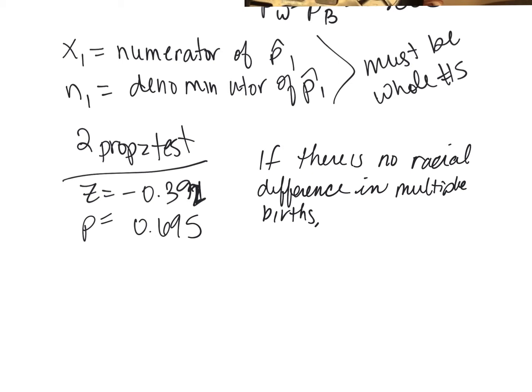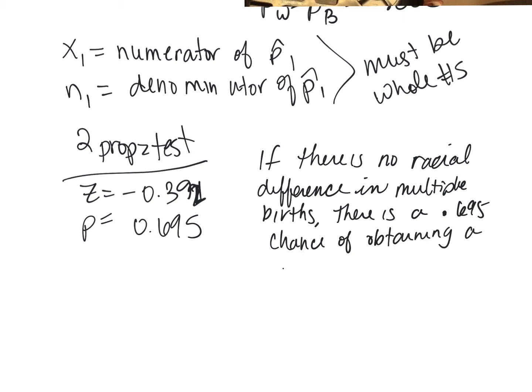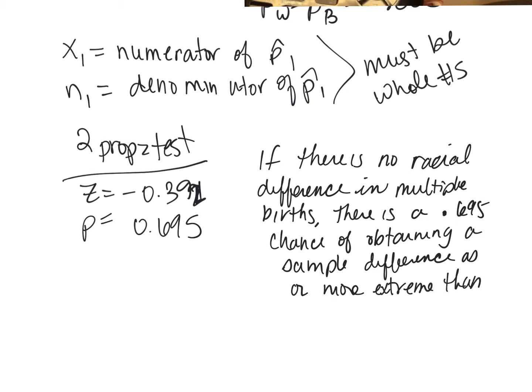Okay, so again, we state if our null hypothesis is true, if there was no racial difference in multiple births, there is a 0.695 chance of obtaining a sample difference as or more surprising or extreme than, and when we subtracted them up above, we got 0.003.